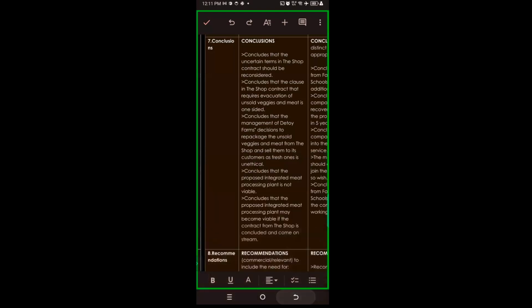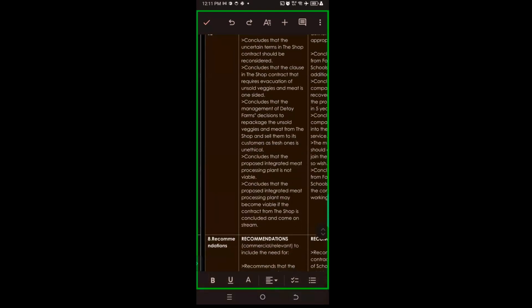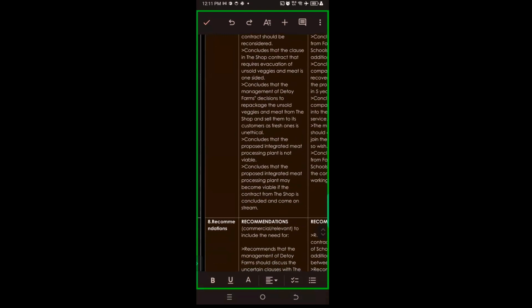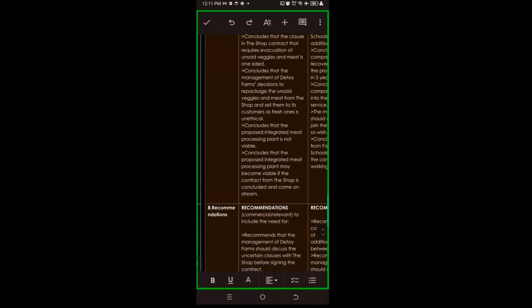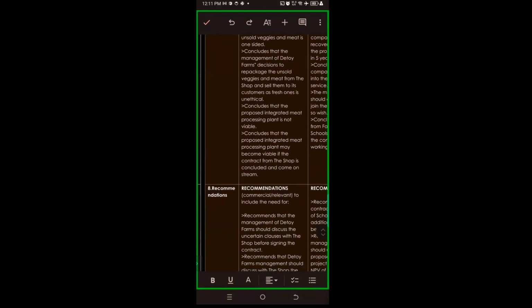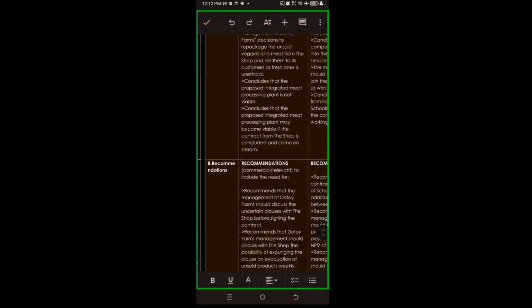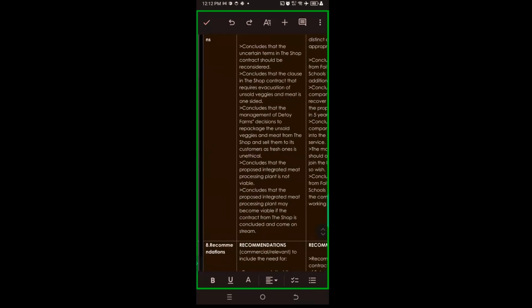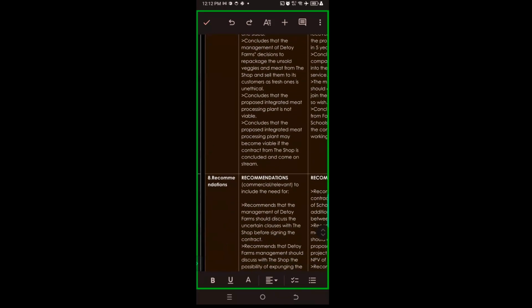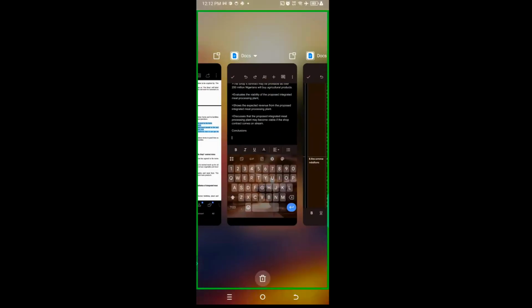Okay, so you can see, conclude on certain terms in the contract, conclude that the clause that requires evaluation of unsold veggies and meat is one-sided. Conclude that the management of Digital Farm's decision to repackage unsold veggies and all that. So you can see the conclusion should be on the requirement.